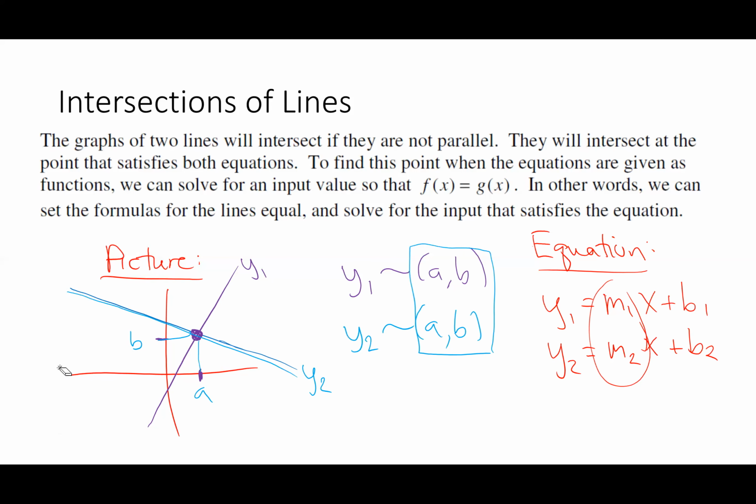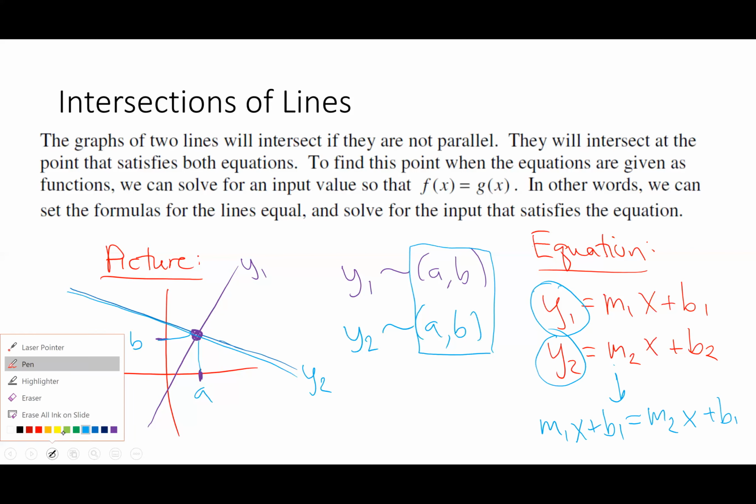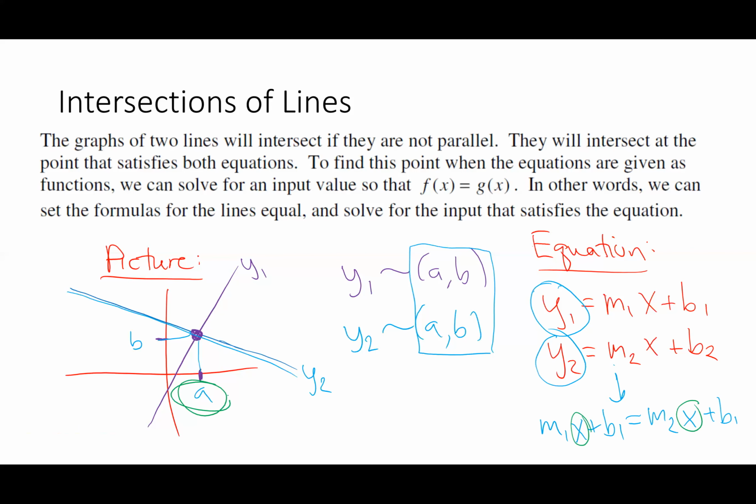That's actually really helpful. Now, here's what I get to do. Because y1 and y2 pass through a common coordinate point, I now have license to set these equal to each other. If I were to solve this equation, I would get an x value, in particular, the x value of where they intersect. That's really helpful information.